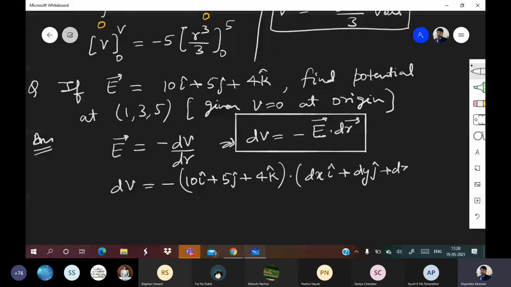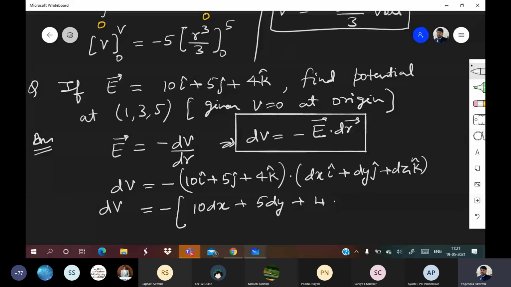So that gives us dV is equal to minus, which is anyway outside, 10 dx, because i dot i will be 1, plus 5 dy, because j dot j will be 1, plus 4 dz, because k dot k will be 1.